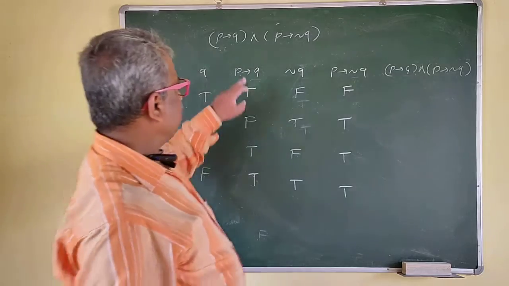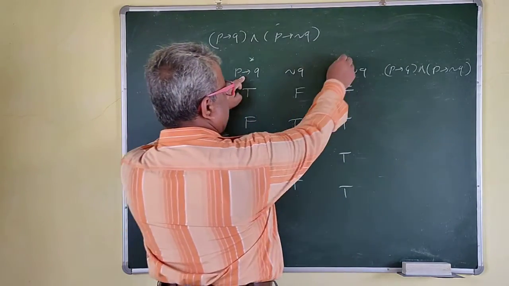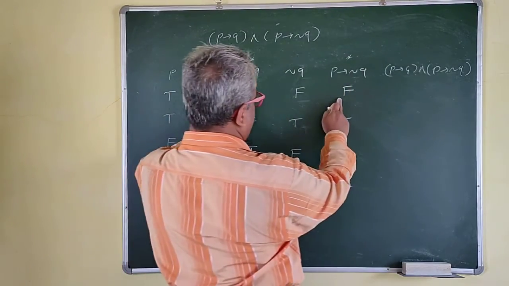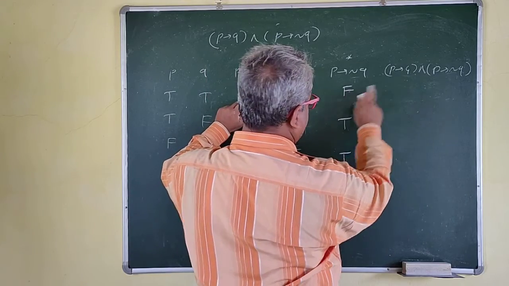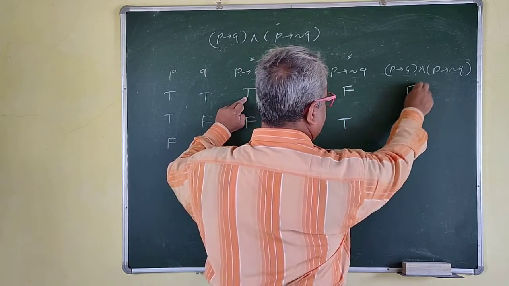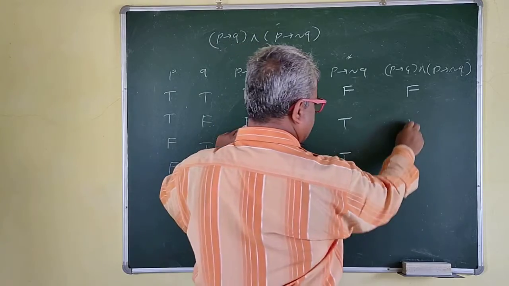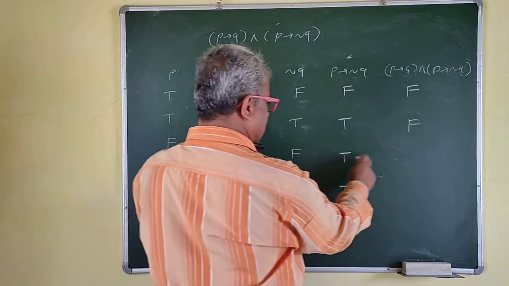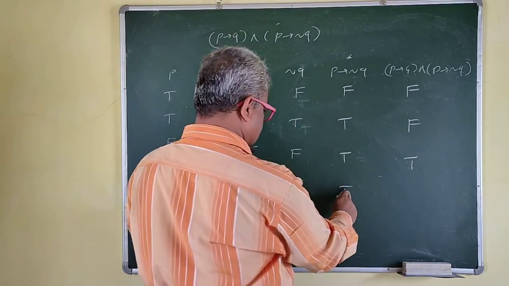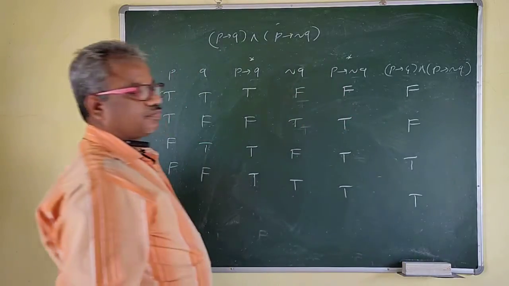Now P → Q and this, right? T and F is F. F and T is F. T and T is T. And T and T is T. Right?